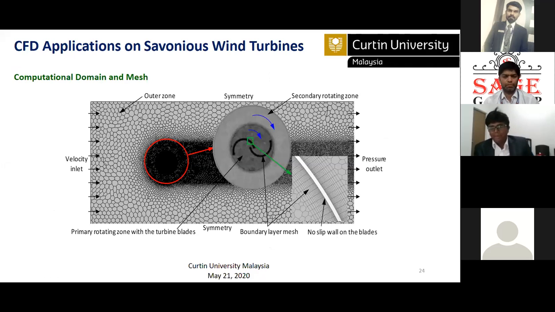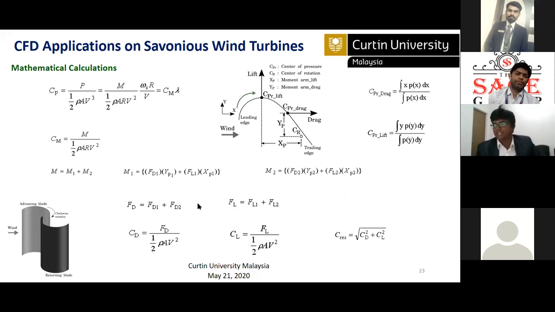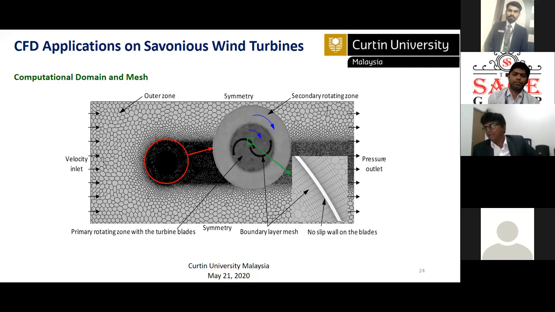Okay, so this is the screen of the grid, and we can see here we used a polyhedral mesh in Star CCM, which is almost a similar kind of software to ANSYS Fluent or ANSYS CFX.